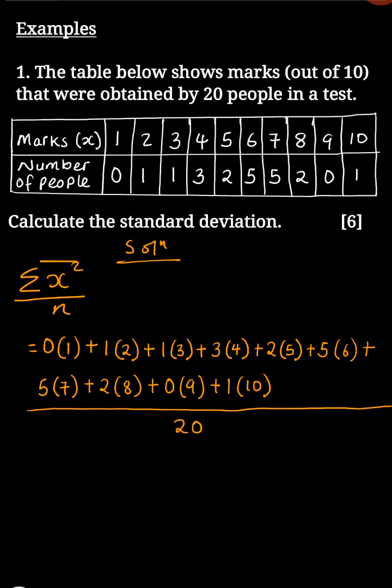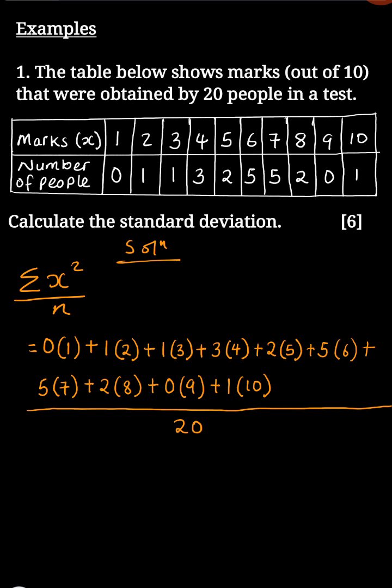So, in step number 2, what you are going to do, copy these numbers the way they are. After you have calculated the mean, copy these numbers the way they are. Once you have copied them the way they are, start adding squares to the numbers in the brackets.